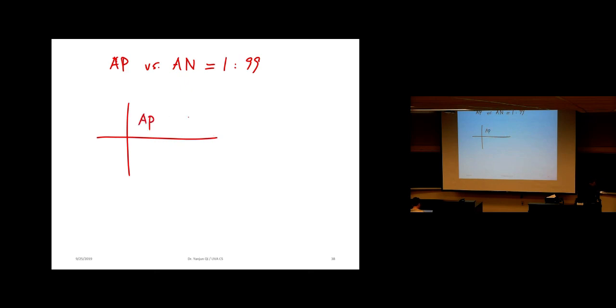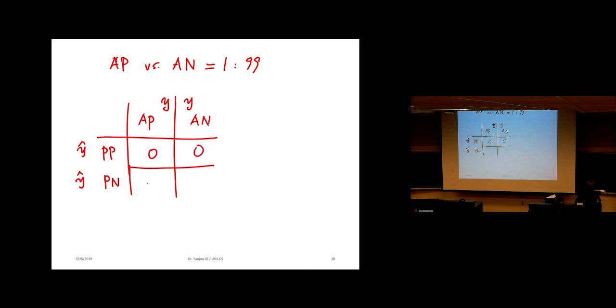This is the actual positive, this is the actual negative, this is the truth, the y truth, and this is the y hat: predicted positive, predicted negative. I can just predict everything as negative. Who has a question about this table? My current classifier classifies everything as negative when I give it 100 examples in my test data. This is my classifier 1.